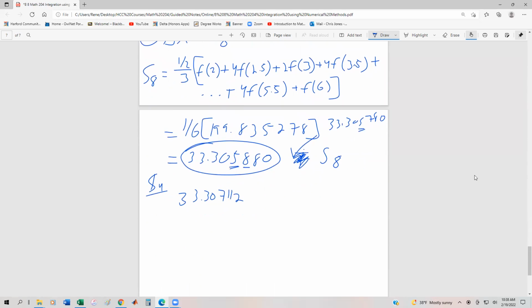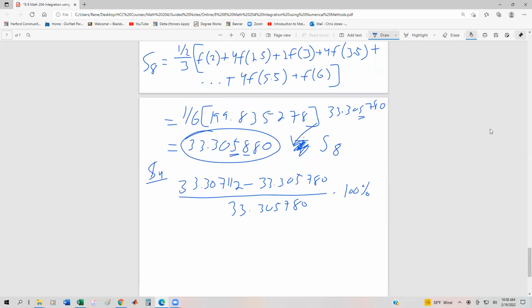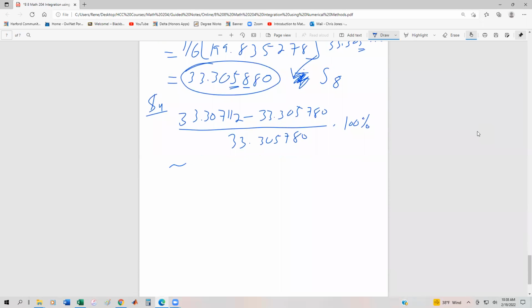We're going to subtract out the 33.305780, and then we're going to divide it by 33.305780, multiply it by 100%, and that's going to give us our percent error. Okay, of course, the error is more important than anything, just because if it's not a good approximation, we certainly don't want to use it.